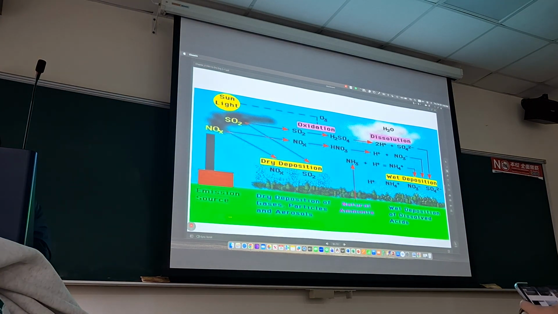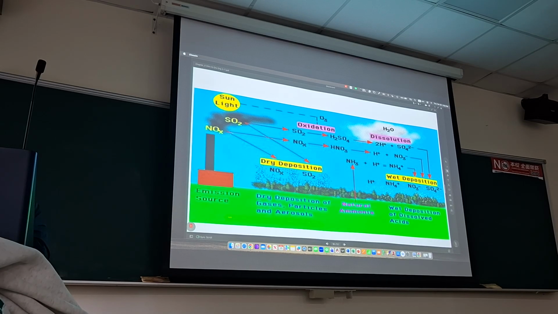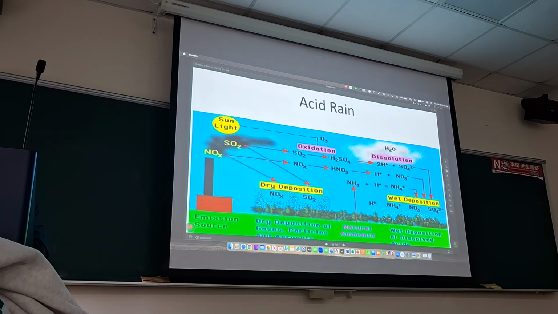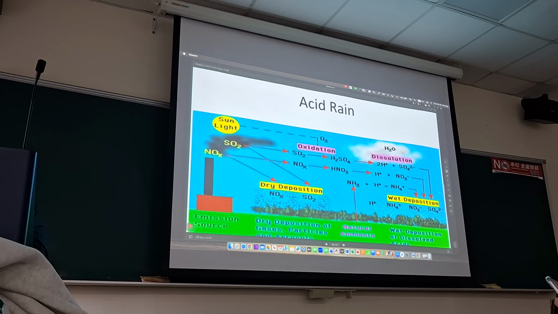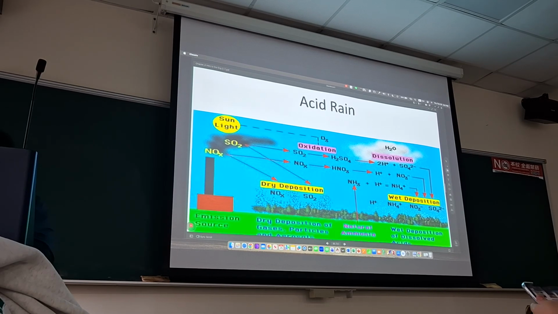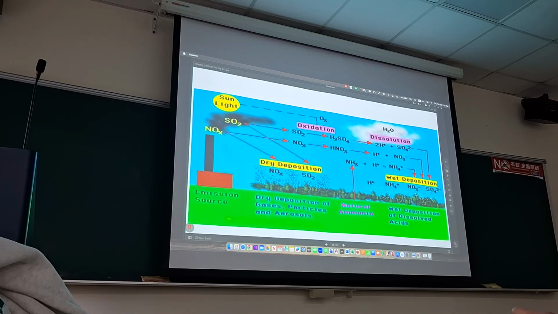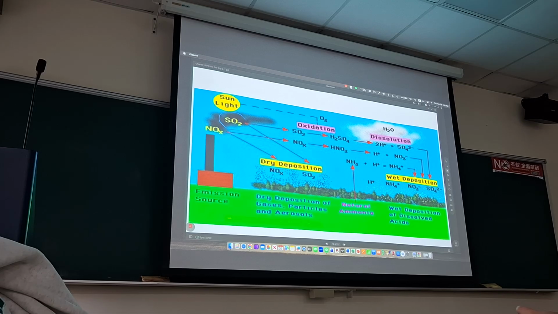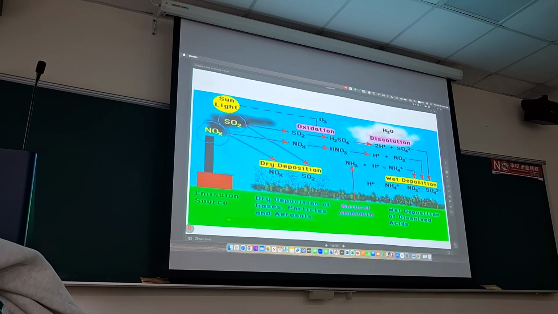We will also learn about this, but today I will just give a quick talk about acid rain. The main ingredients are sulfur dioxide and NOx, and the products will be sulfuric acid and nitric acid.